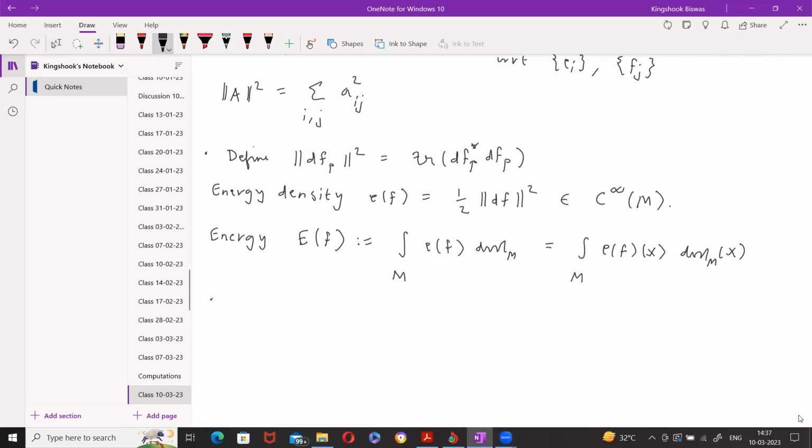Okay, so let's start talking about that. So is this a generalization of the Hessian? Yes, yes. This is going to be a generalization of the Hessian.